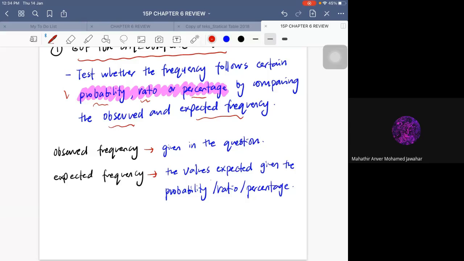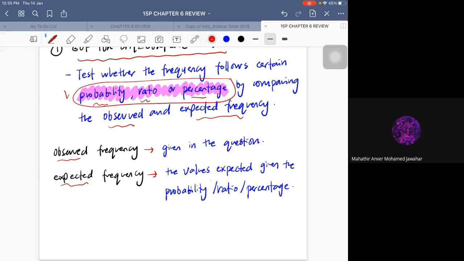Observed frequency is whatever is given in the question. Expected frequency is what we calculate using the probability, ratio or percentage given in the question.